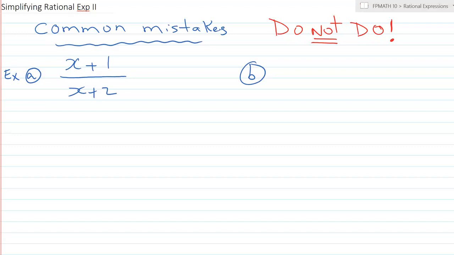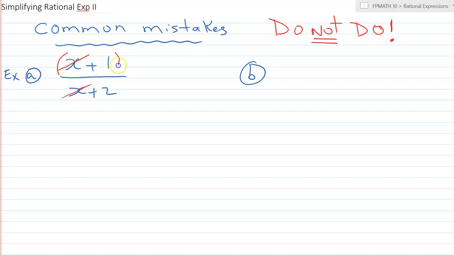So suppose we have an example, x plus 1 divided by x plus 2. That's a rational expression. The common mistake that I see is that students tend to just look at the x on top and the x on the bottom and they want to divide. Well, that is not allowed because x is not a factor of x plus 1.